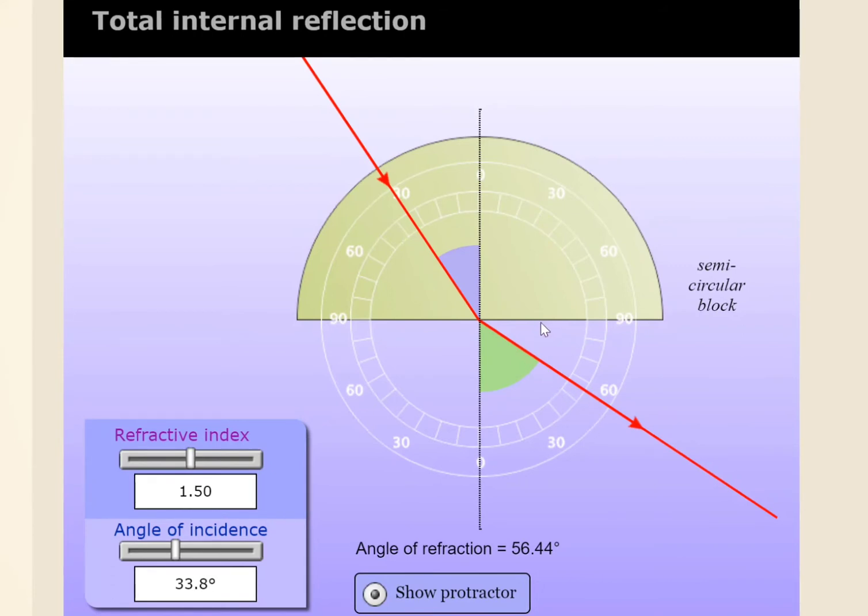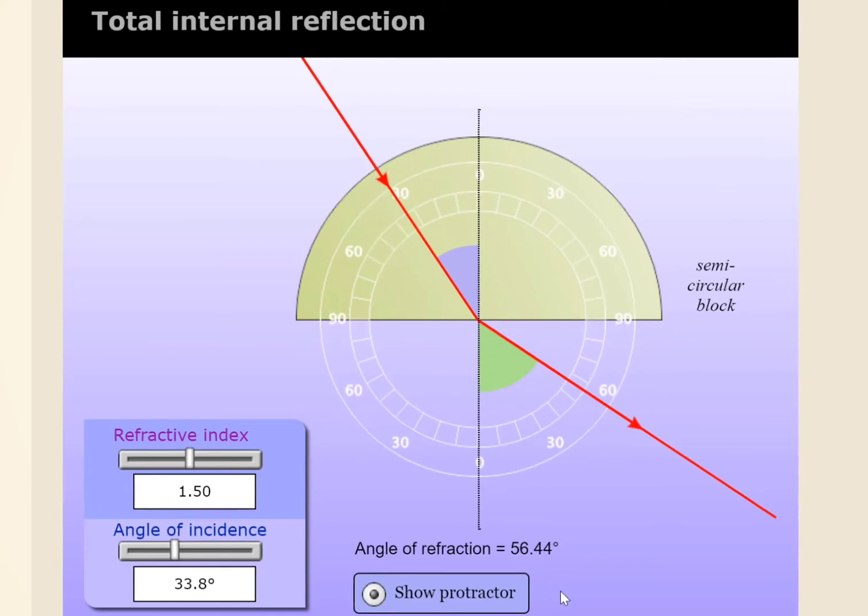For example, in this situation, from the glass block to the air, the angle is further away from the normal. And why is there bending? The bending is because the light is faster here in the air, but the light is slower in the glass block.